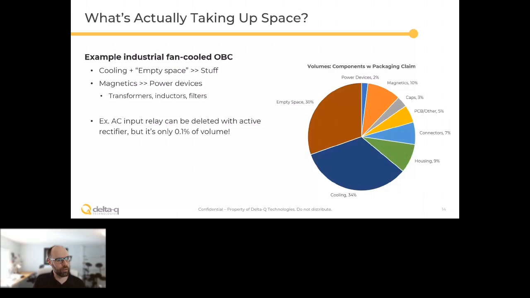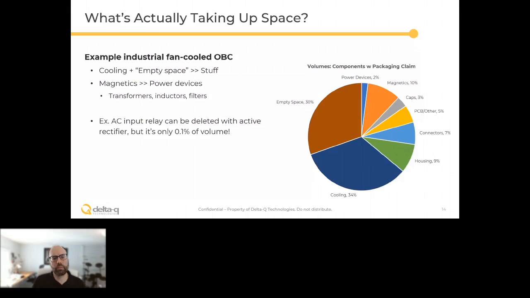There may well be reasons to do this from a reliability point of view, or in terms of wanting to have direct control of the AC inrush current. But it's not likely increasing power density if that AC input relay is only 0.1% of the total charger volume. So that would be looking at something where from the first order, you can already tell it's not going to have a lot of impact on increasing power density of the total charger.